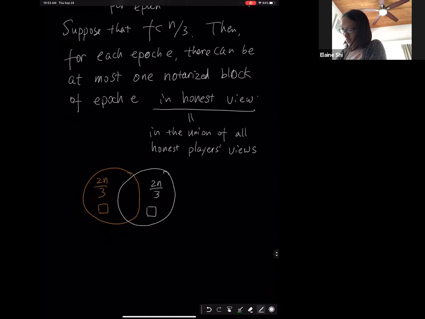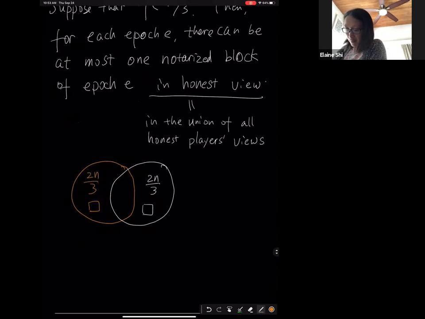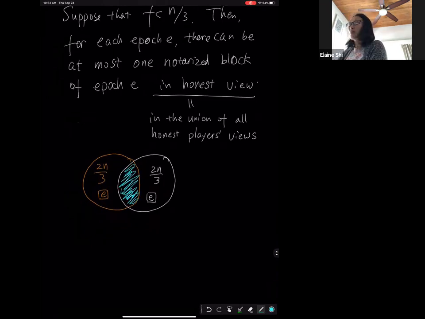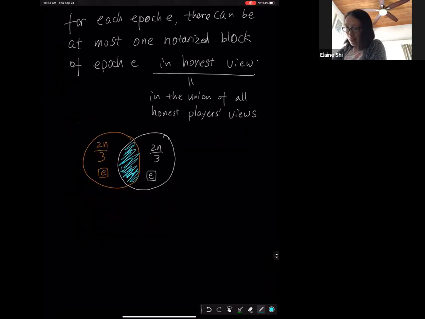Let's say they are both epoch E. We are going to look at this intersection. These are the folks who voted for both the orange block and the white block.